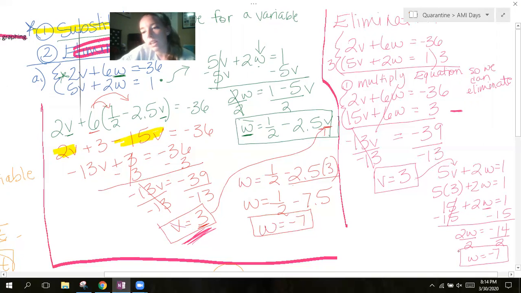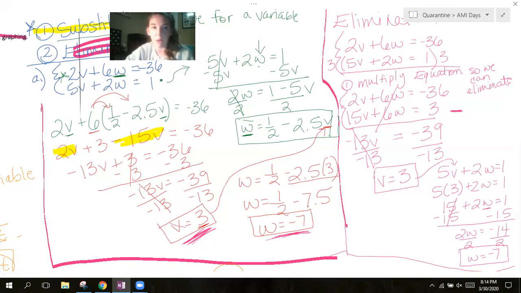And again, that is just like what we got earlier. So that is how you would solve that same exact system of equations by elimination. Depending on which one makes more sense to you, just use it that way. When it says without graphing, you're going to solve it with one of those two ways.